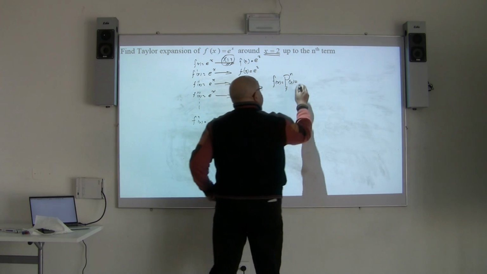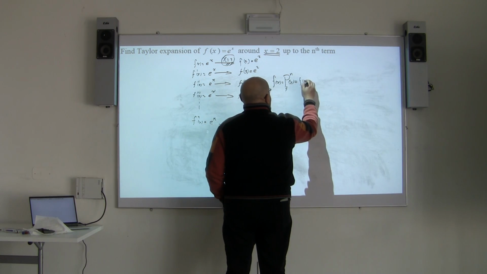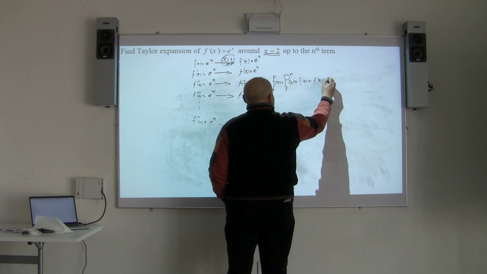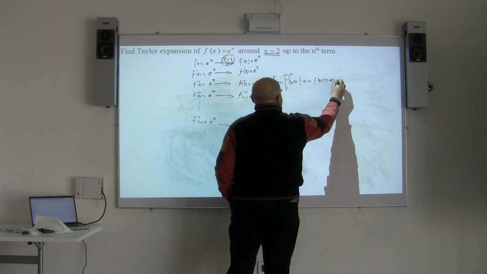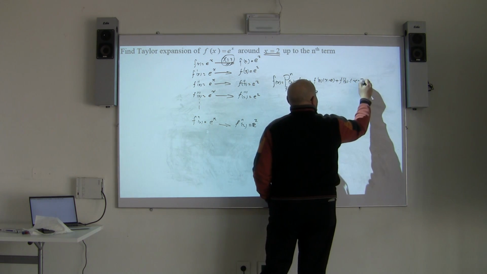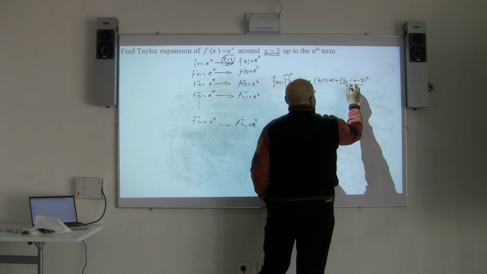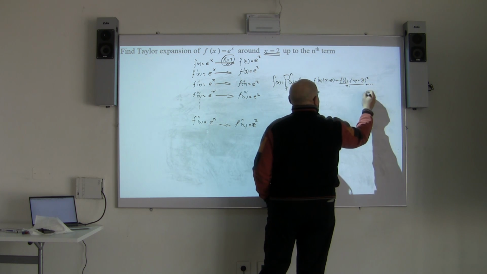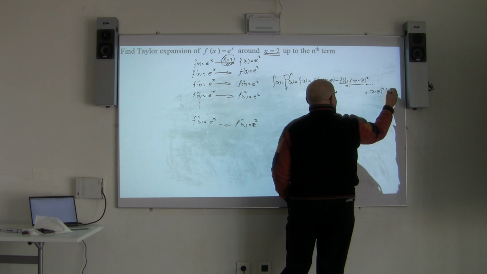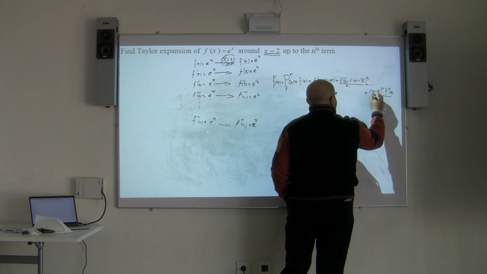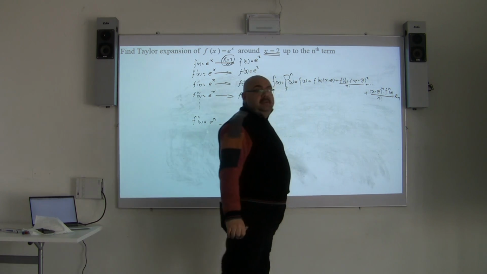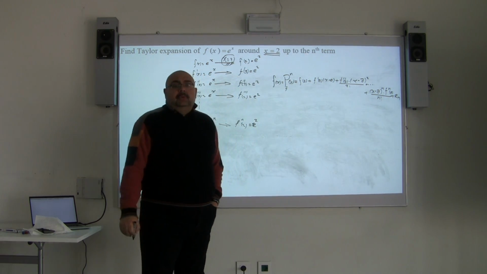I will start with f at a plus f dash a times x minus a plus f double dash at a times x minus a to the power of 2 by factorial 2, and so on, plus x minus a to the power of n times f n a divided by factorial n plus the remainder term. All I have to do is to substitute.